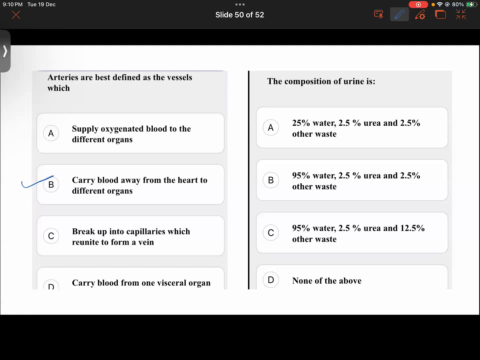Option B. 2.5% is urea, 2.5% are other waste, and 95% is basically water. Also, urea was the first organic compound which was synthesized in the laboratory. Exactly.